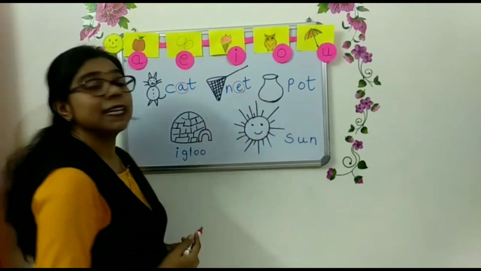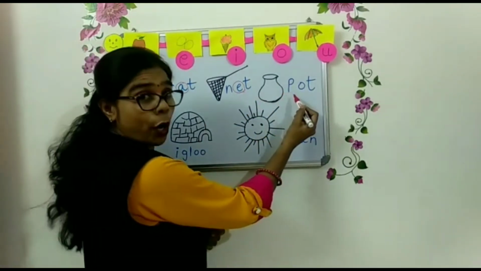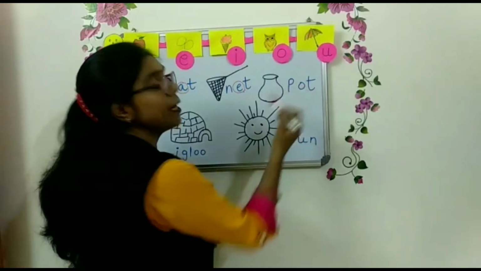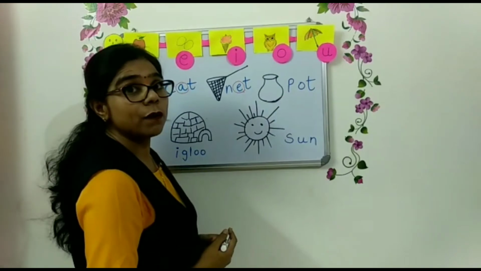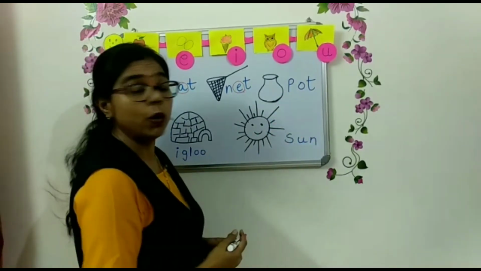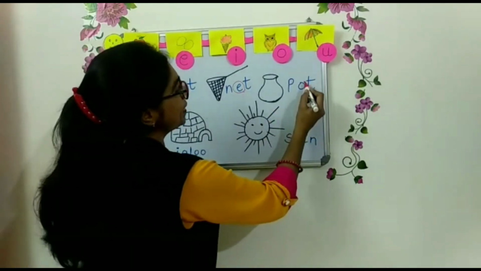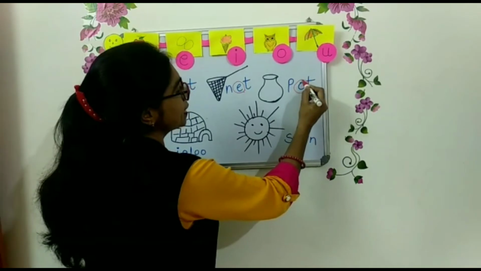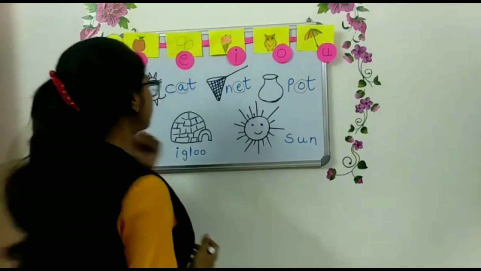What is this? This is a pot. What is the spelling of pot? P-O-T, pot. In these 3 letters, where is the vowel? Is P a vowel? No. Is O a vowel? Yes. O is a vowel. So we have to make a circle on O. Is T a vowel? No.